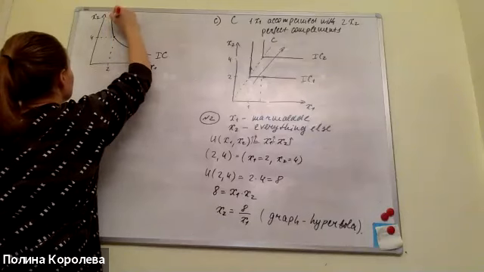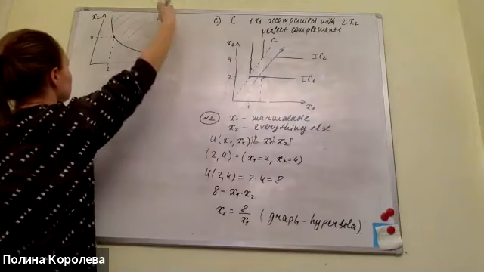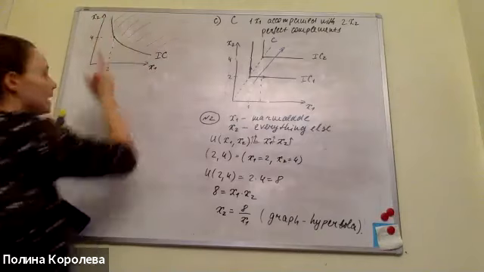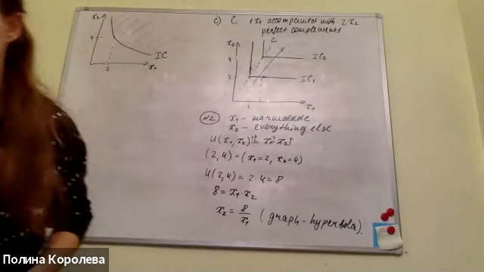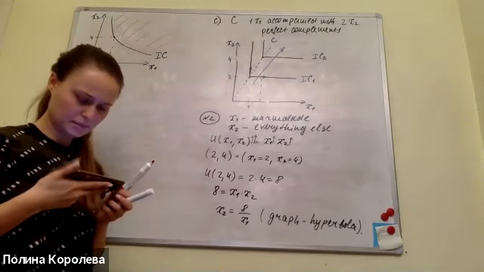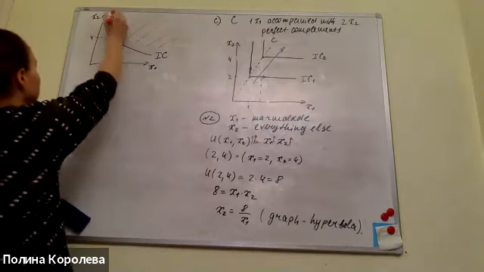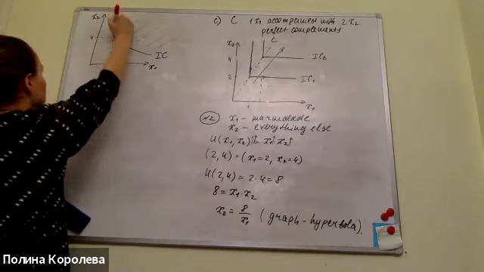So all the points that lie above our indifference curve are at least not worse off. That are at least as good as. So our indifference curve also belongs to this area.